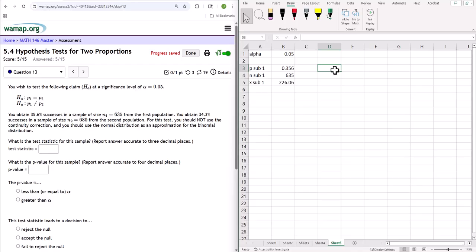You obtain a 34.3 success rate in a sample size, so that's p sub 2, 0.343. n sub 2, 680, and we can get x sub 2, this guy times this guy. Let's just go here and down a couple. Not sure why it's being weird, but it is.